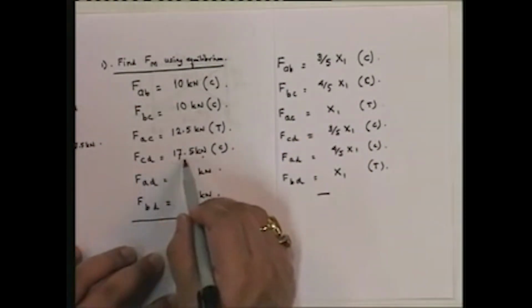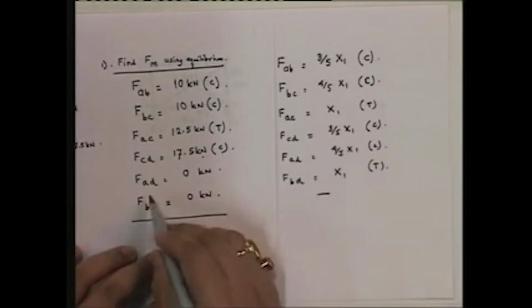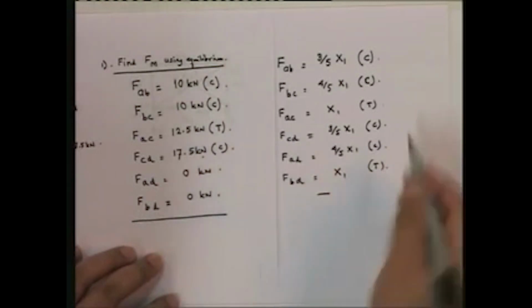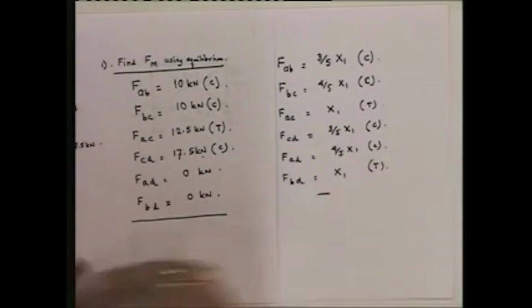CD would be 7.5 plus 3 by 5 x1. So this way, and FAD would be 4 by 5 x1, FBD would be x1 with the corresponding signs. Okay. So essentially, you see, I can find out the forces provided I know the value of x1. Okay. Now how do I find out the value of x1? See, I have found out the forces.